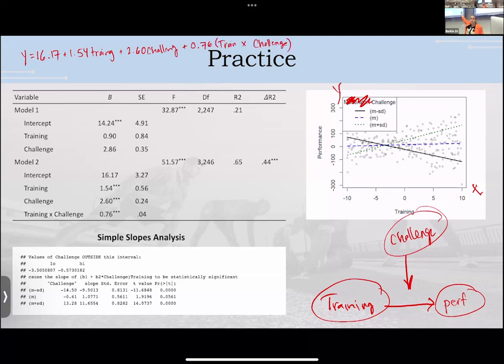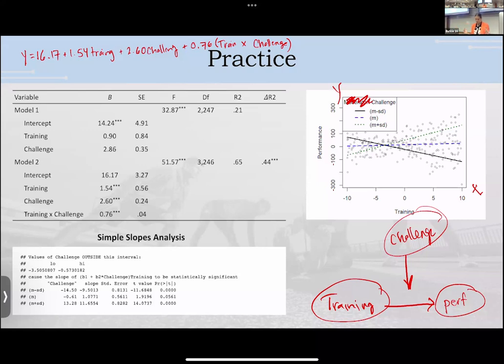That moderator term could go either way. It's the change in slope between training and performance for a change in challenge, or the change in slope between challenge and performance for a change in training. The only thing that changes how you tell the story is how you set up your theoretical model. So your theoretical model is really important to the storytelling component.